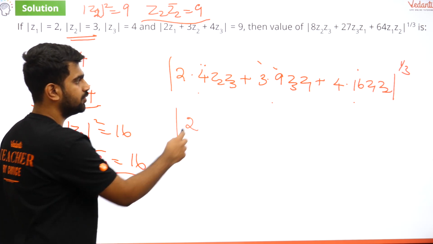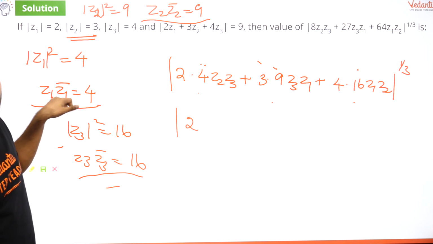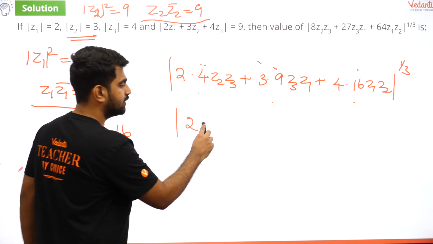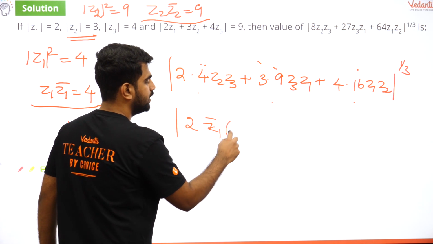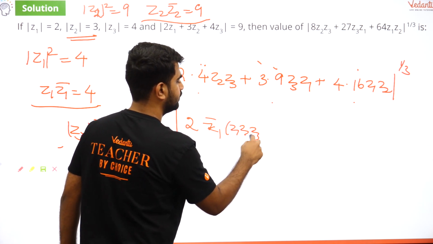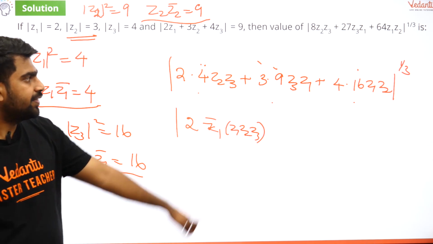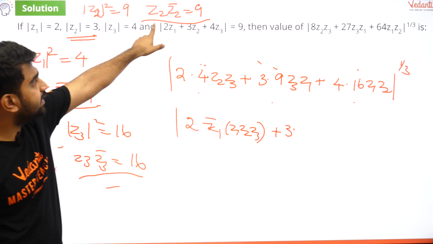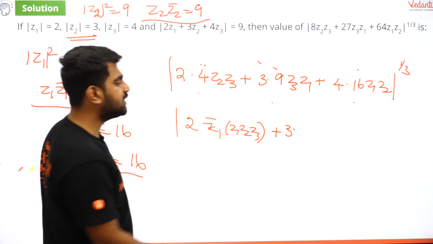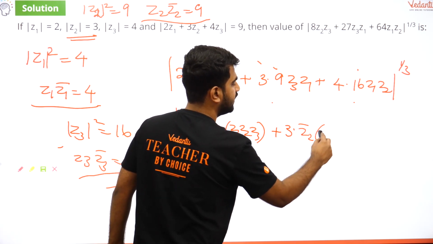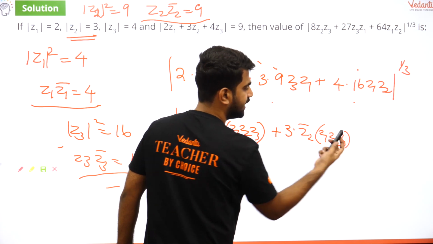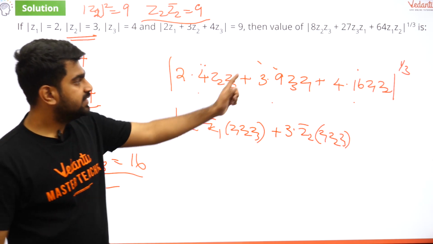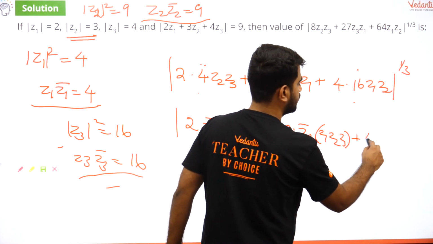So you'll have 2 times of. What is 4? 4 is z1 bar. So I'll write z1 bar into z1 z2 z3. Then plus 3 times of. What is 9? 9 is z2 bar. Now I'll take z2 bar common, and then I'll get z1 z2 z3 again. Then the last part plus 4 times of.